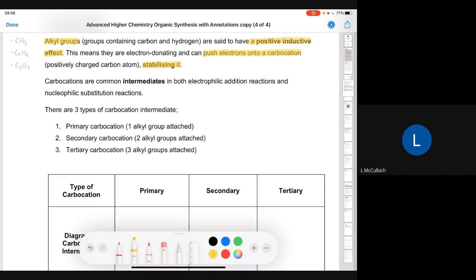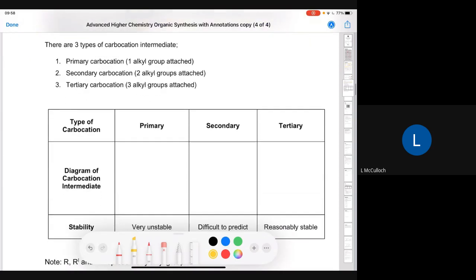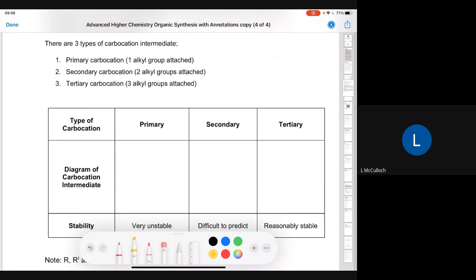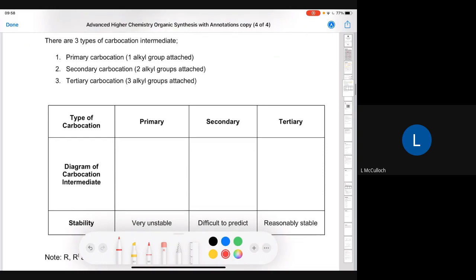And there are three types of carbocation intermediate. We have a primary carbocation, which is one alkyl group attached, a secondary carbocation, which is two alkyl groups attached, and a tertiary carbocation, which is three alkyl groups attached. Okay, and the greater the number of alkyl groups, the more stabilizing the effect is.